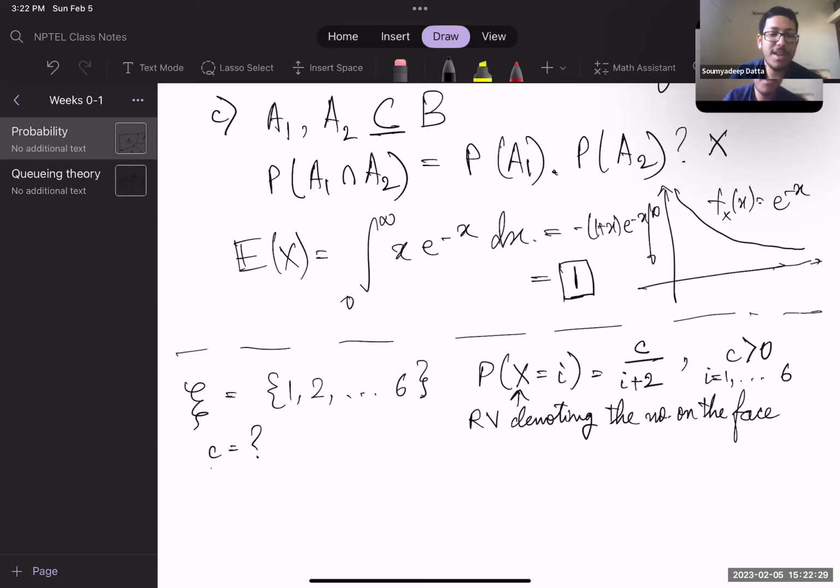So I'm giving you a faulty die where somebody has found out that the probability that x is equal to i, that you get the face i, goes as 1 by i plus 2 times some proportionality constant. And your job is to find the proportionality constant. Does that make sense? Yeah, it's not a fair die. It's not a perfect die. It's a faulty die. So you have to work with that.